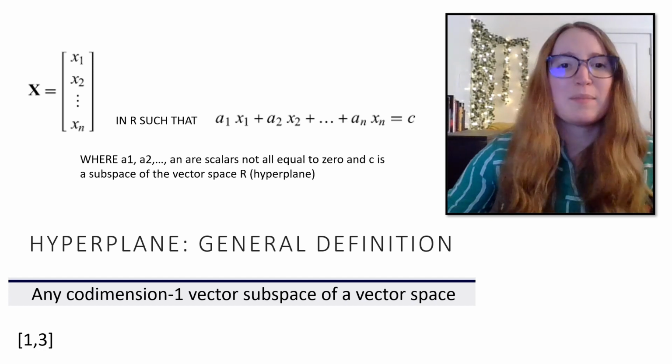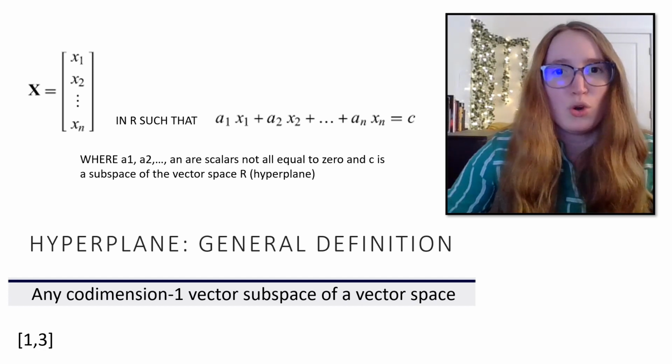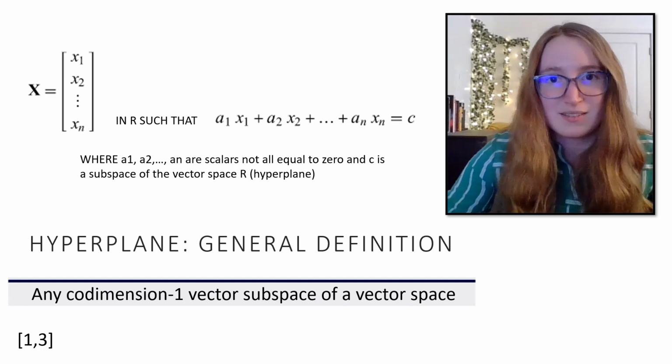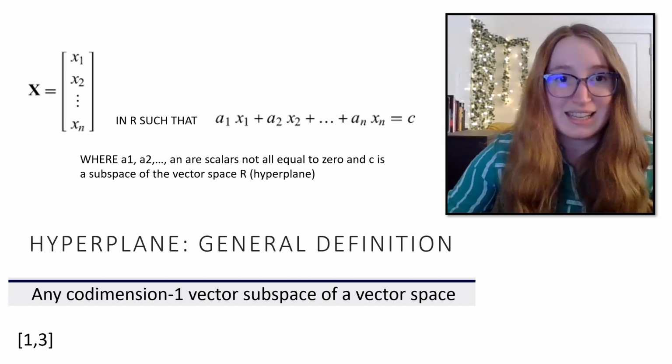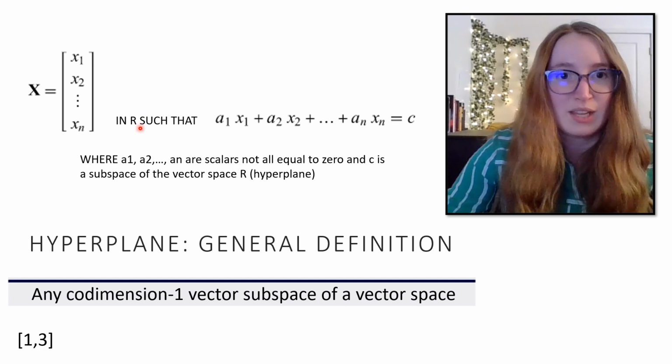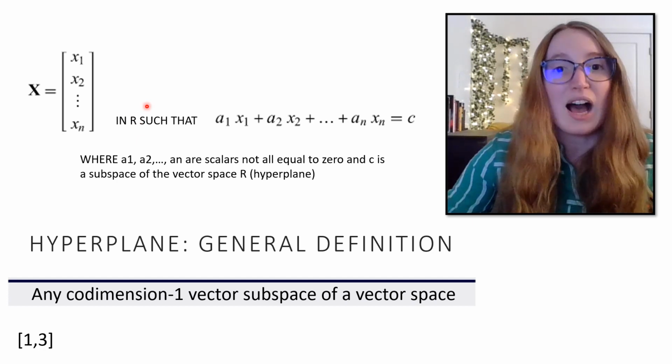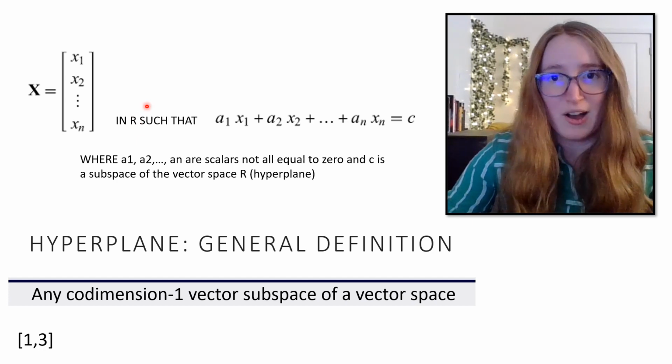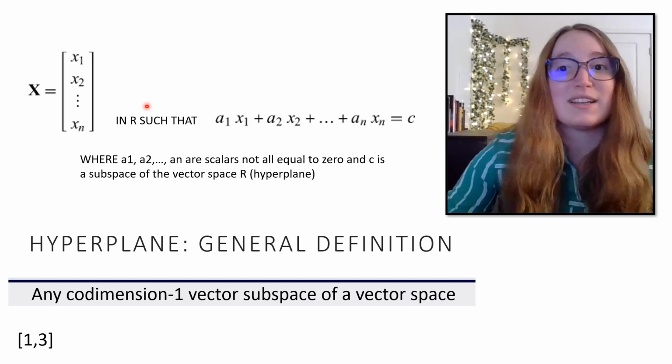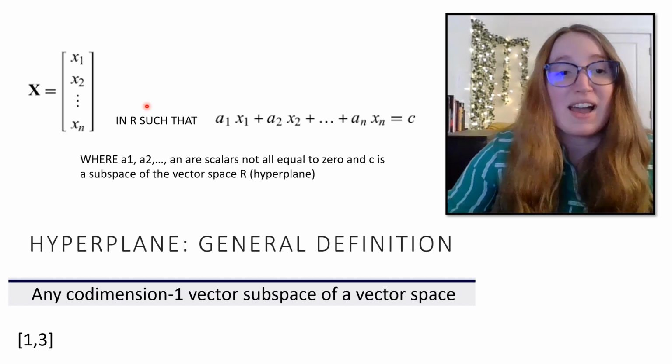So now going back to that general definition, we can think of the space in which the input data exists to be the vector space, and the space that is occupied by input data of a given class or a set of features to be a vector subspace.